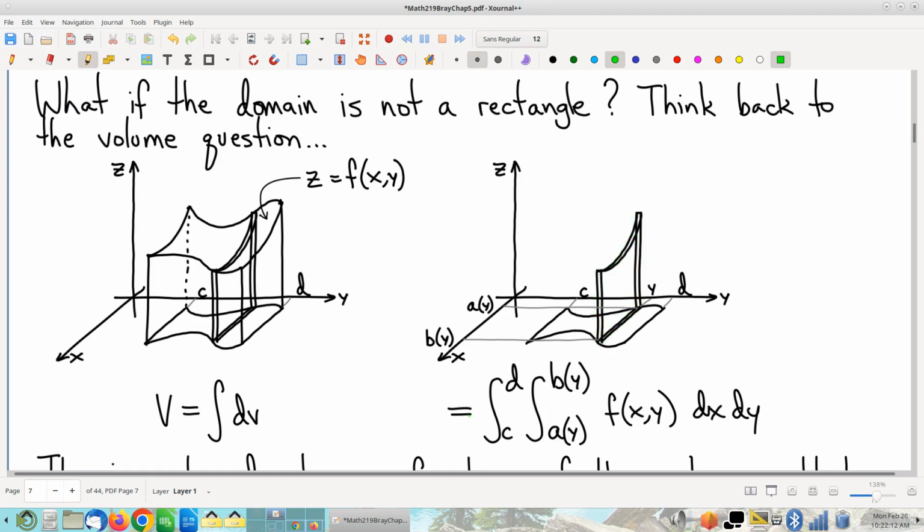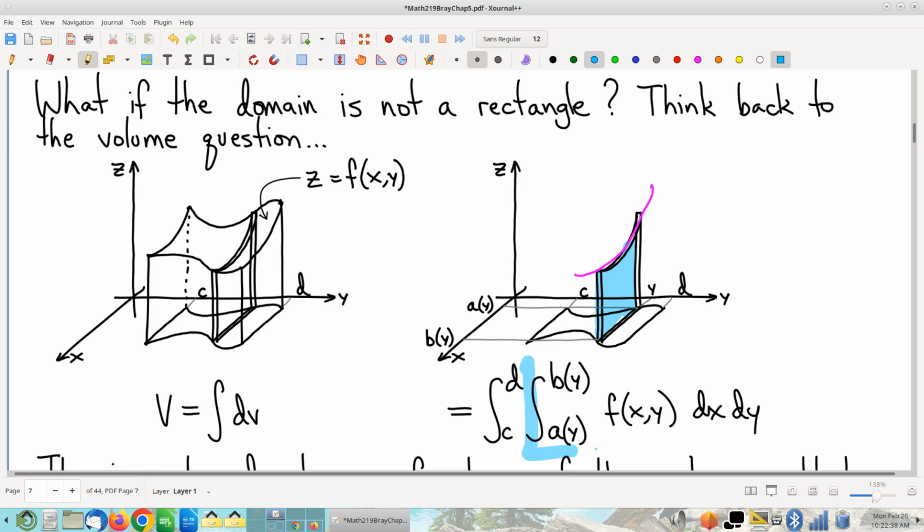It remains that cross-sectional area is still itself the area under a curve. That curve is still a graph. It's still a graph of what you get when you fix y, right? Everything's the same. Practically everything. The only thing that's different is as follows.